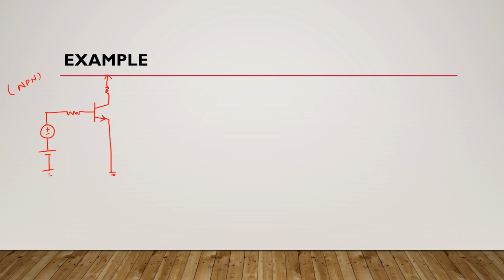Suppose this DC battery is 3 volts, this is an AC source, and here we have RB, which is 100 kilo ohms. This is RC, and it is 3 kilo ohms. Here we have supply VCC, and suppose it is plus 10 volts. The emitter is grounded, so it is at 0 volts.